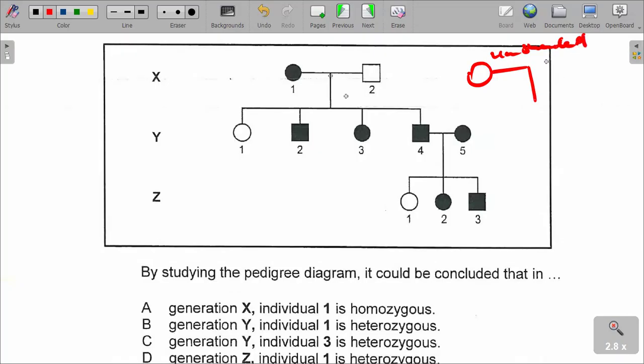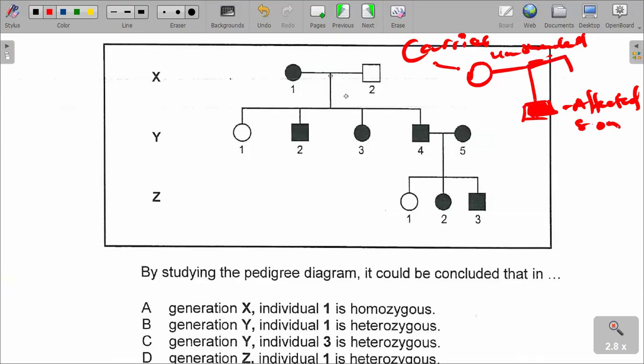Therefore, what it represents when the person gives rise to a child who is affected, the mother is a carrier. We are having an affected son, so affected son means that the mother is unshaded. If the mother is unaffected, therefore it means that she is a what? A carrier.